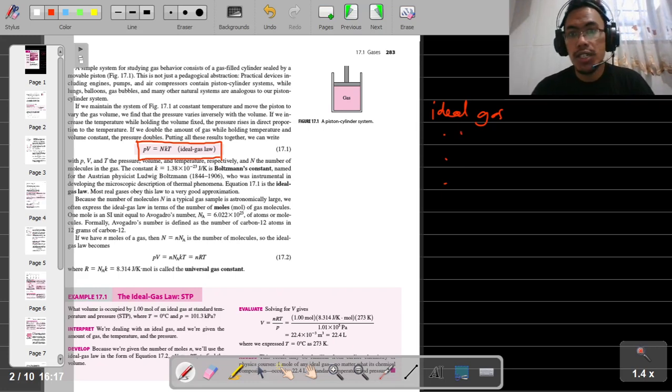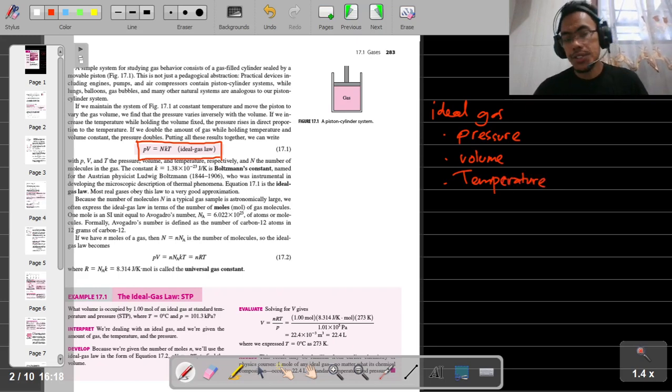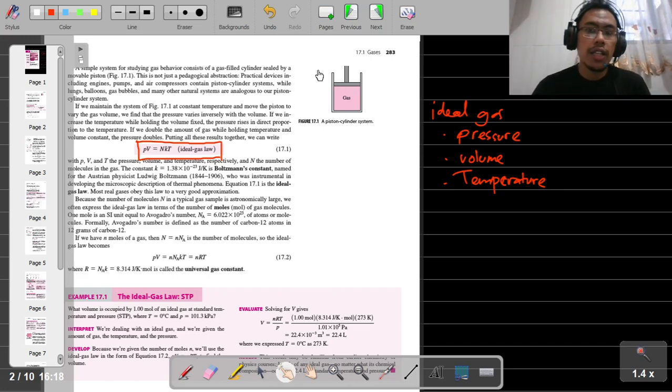The first one is pressure, the second one is the volume of gas, and the third one is the temperature. By using this equation, we can know one of these things when we already know the other two.